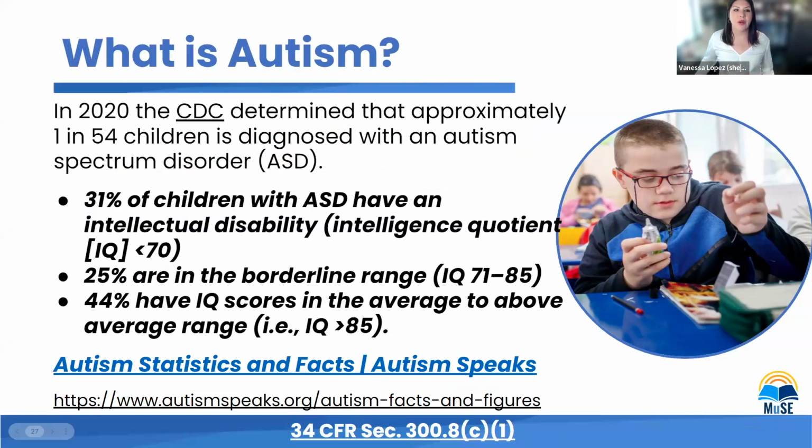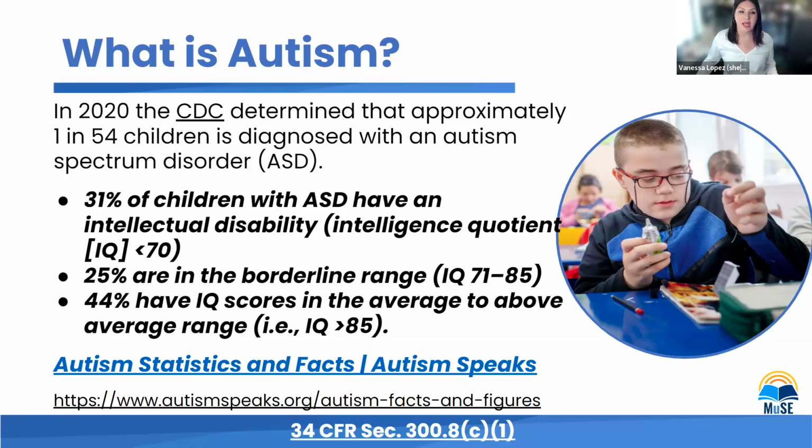And it might seem to us that there is an uptick in autism diagnosis, and that would in fact be consistent with what the data indicates. However, it's important for us to recognize that although 1 in 54 children are diagnosed with an autism spectrum disorder, there is still some difference between our students and how it is that their disability manifests. 31% of children with ASD have an intellectual disability, meaning that their intelligence quotient is below 70.